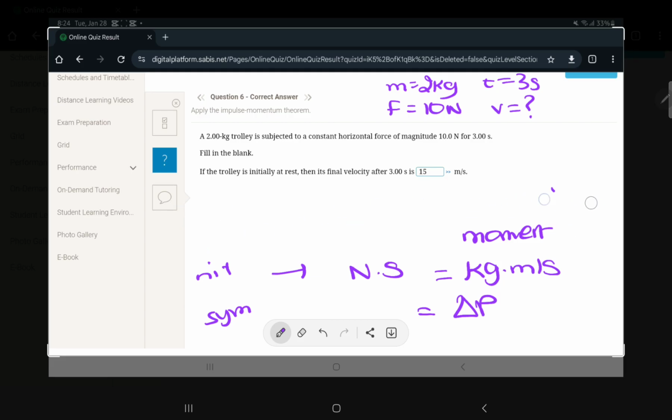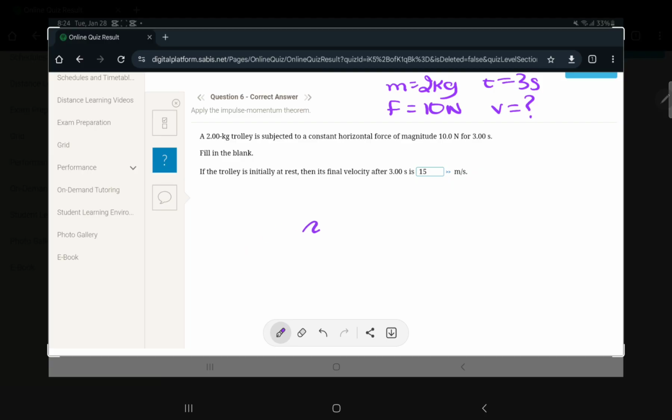So basically the rule we learned is J is equal to delta P. What is J? The impulse is force times the time, and the momentum change is the mass times the change in velocity. Now we can substitute all values. The force is equal to 10 times 3, and then the mass is 2 times delta V. What's delta V?